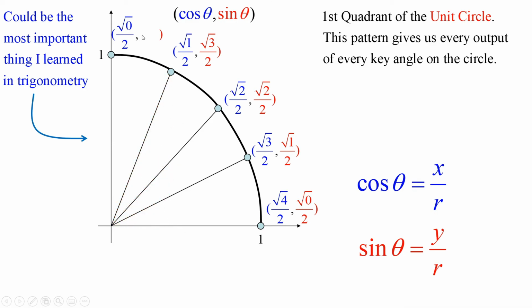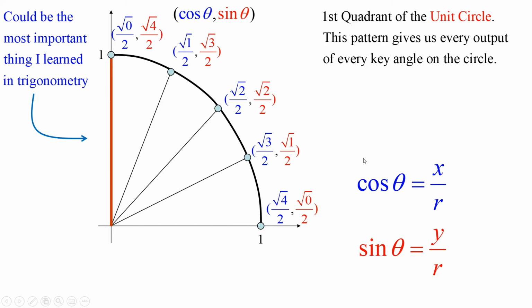And then finally, root 4 over 2. That's because this degenerate right triangle, that right triangle with no base, does have a height, and that height is 1. We're writing that one as root 4 over 2 so we see the pattern.